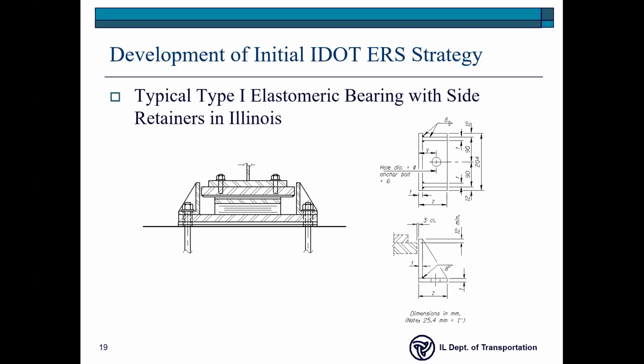These elastomeric bearings are as close as we can get to a pin connection. If you can see my pointer here, they are made with layers of rubber, either natural or synthetic, with tiny little steel plates in between. So they're very, very flexible, and they go back and forth.